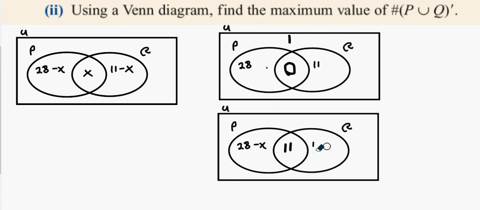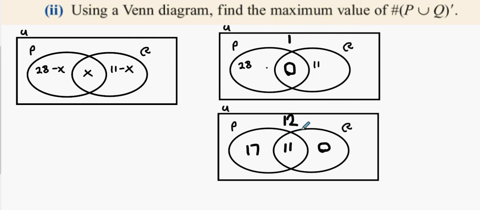Nobody does Q only. Anybody that does Q also happens to do P. How many people do P only? 17. Okay. Now, how many people are on the outside? 12, isn't there? Because it has to add up to 40.